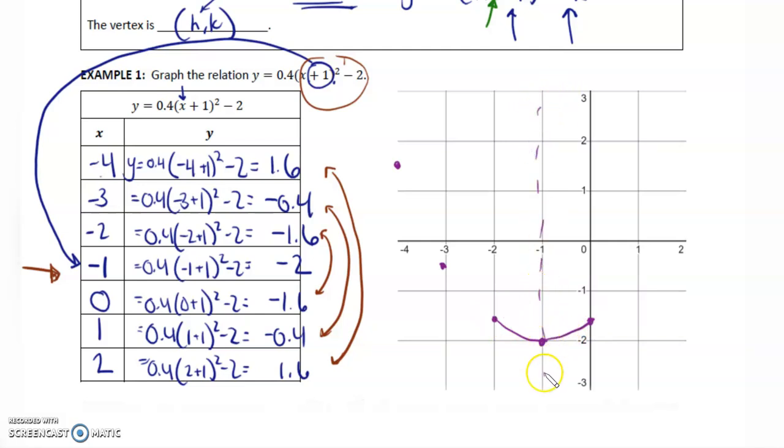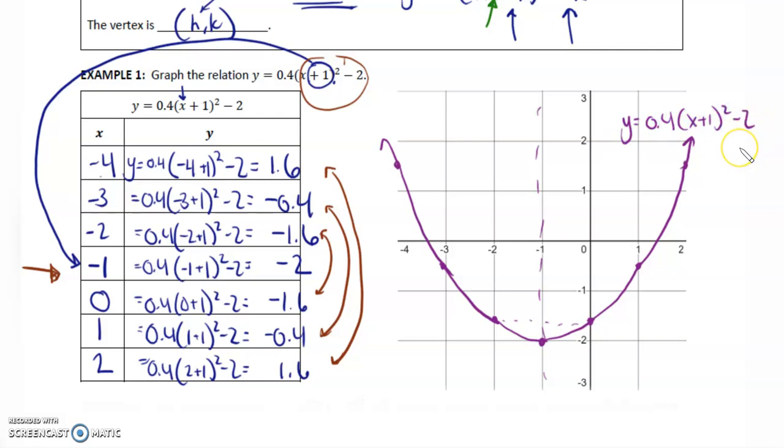These are equidistant from that axis of symmetry. And then it's going to be (1, −0.4). And then (2, 1.6). Okay, so there's our graph, y = 0.4(x + 1)² − 2.